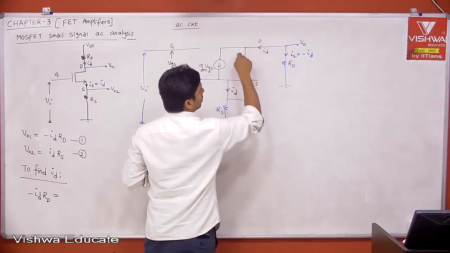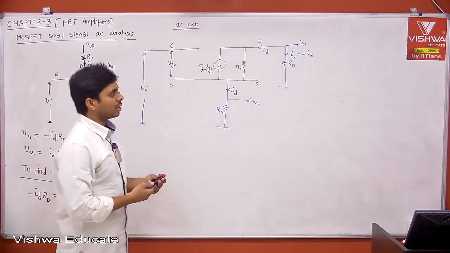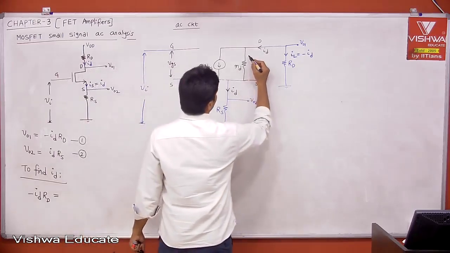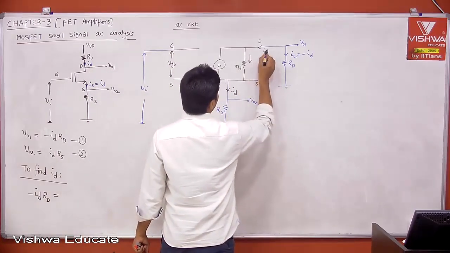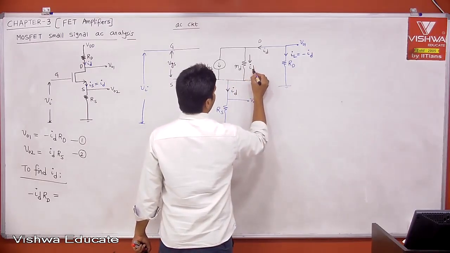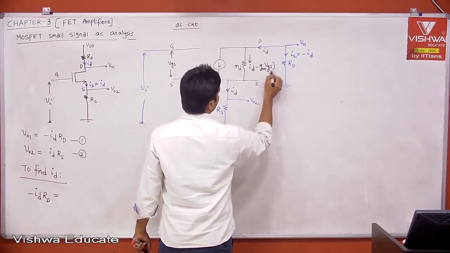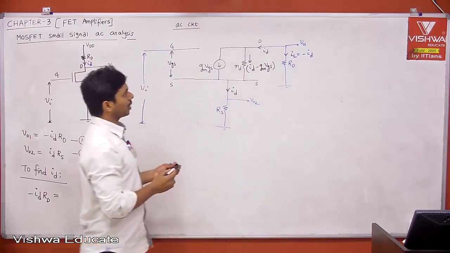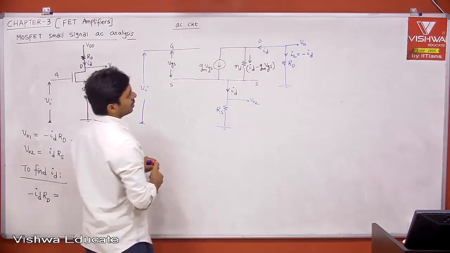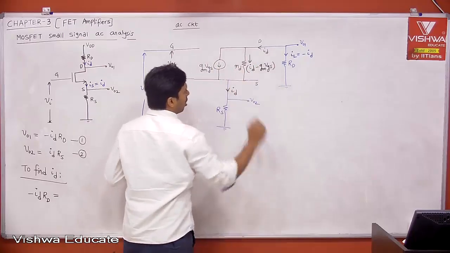Now if you know the current flowing through RD, then I can find the voltage drop across RD. Out of ID, gm VGS is going in this branch. Therefore, the current flowing through RD is ID minus gm into VGS. Now KCL is satisfied, right? Out of this ID, gm VGS is gone, and the remaining current is flowing through small RD.